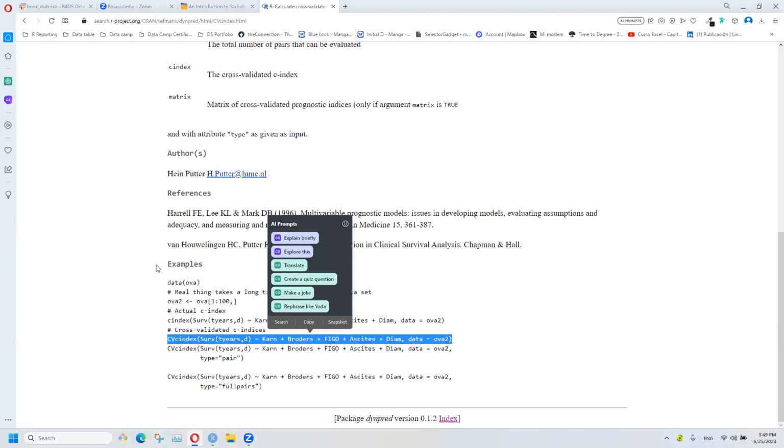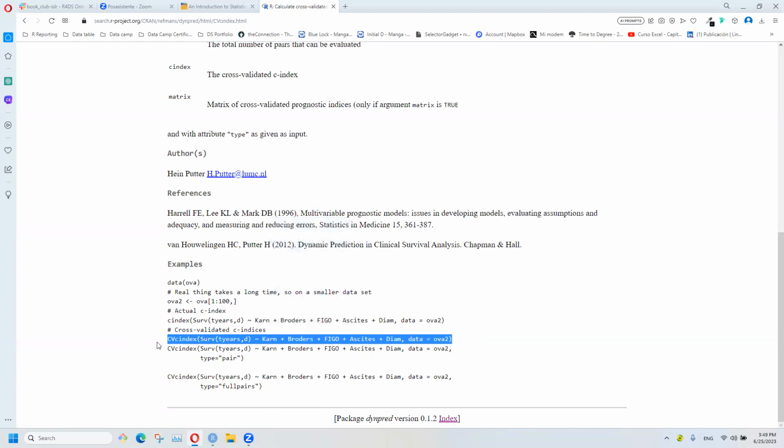My only concern about this function is that it gets the cross-validated value, but it might not work for the test approach.